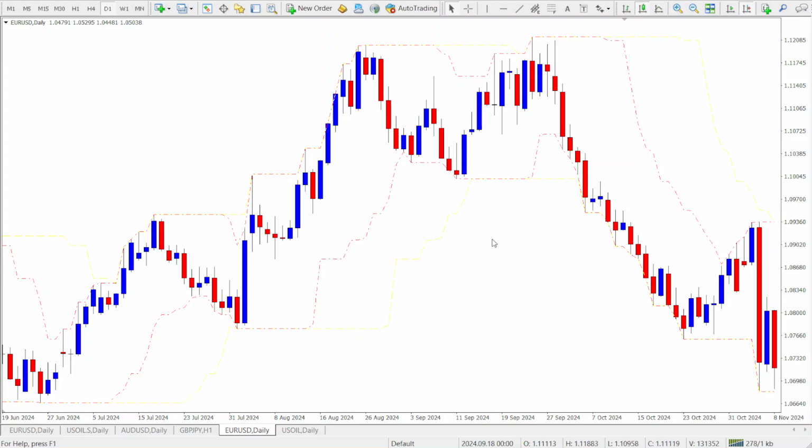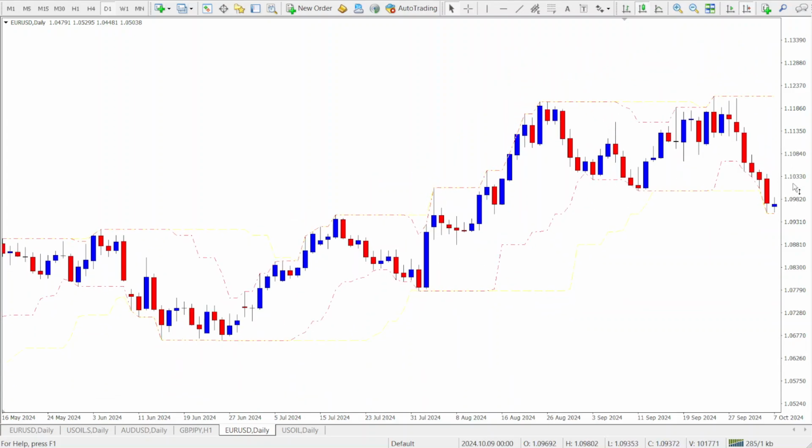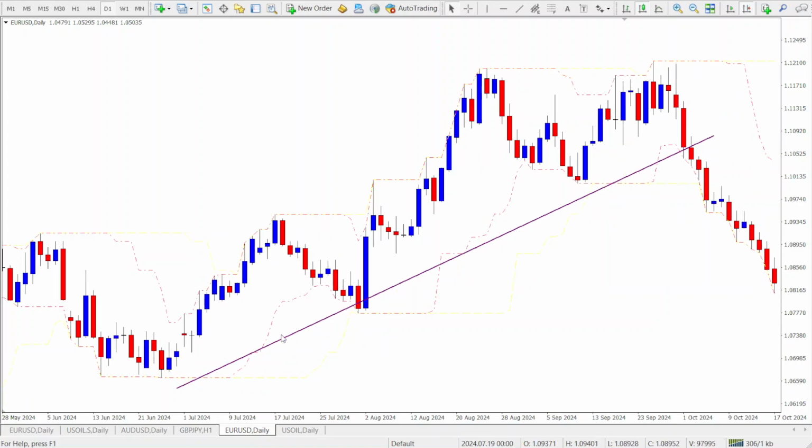So I'm going to recommend using this indicator in the direction of the trend. I think it's going to be better if you trade in the direction of the trend, because when you have identified the trend, this indicator is going to show you possible continuation points.